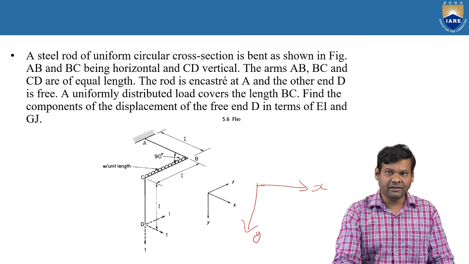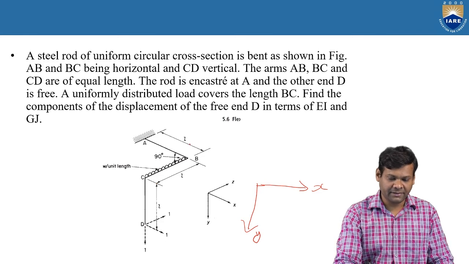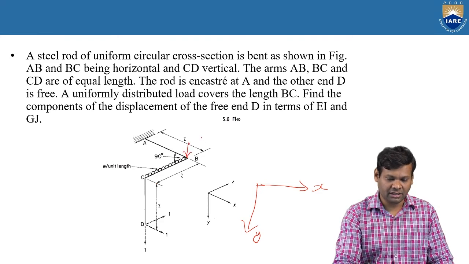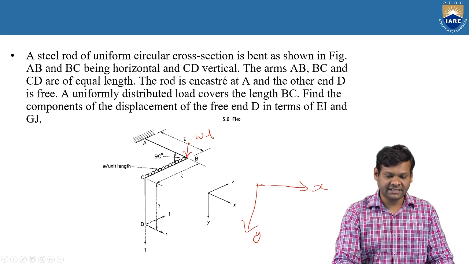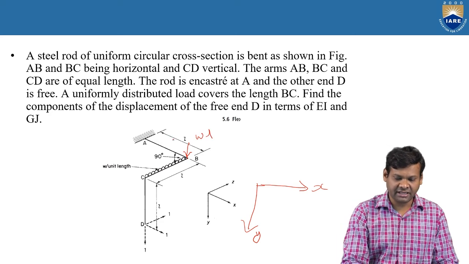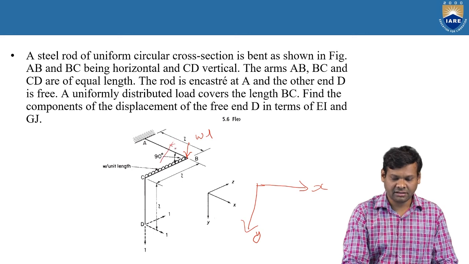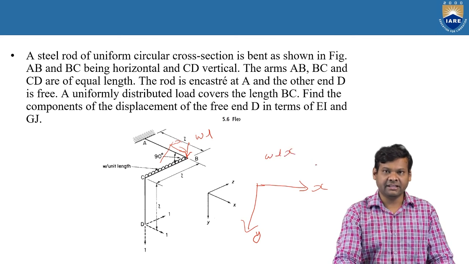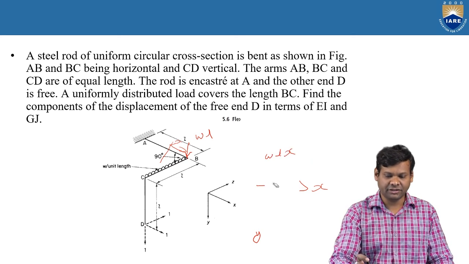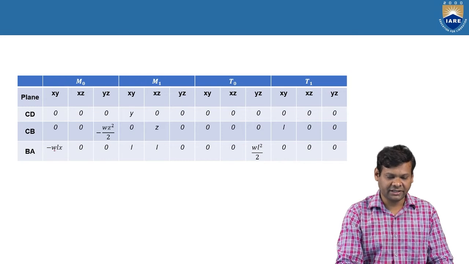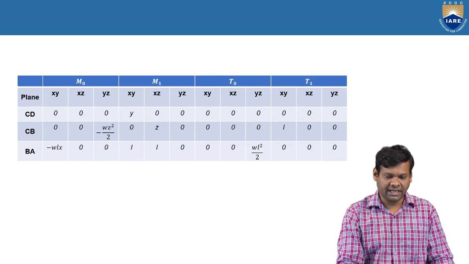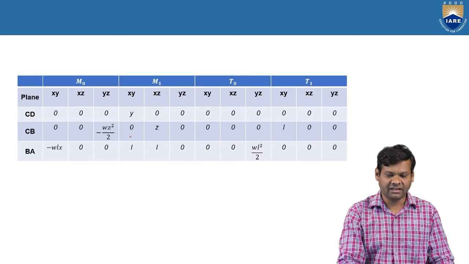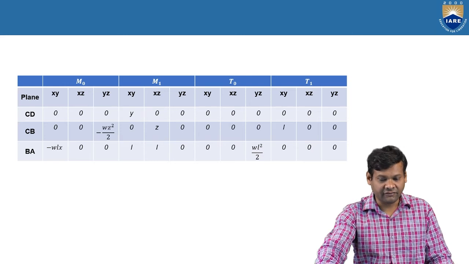This unit magnitude of load can be applied at this point, of magnitude W into L. As a result, when you take an elemental section of x, we can easily write WL into x. In the other two planes, M0 is 0. And similarly, we can write for M1, T0 and T1.